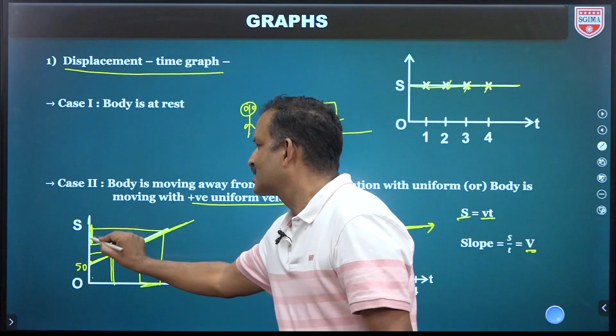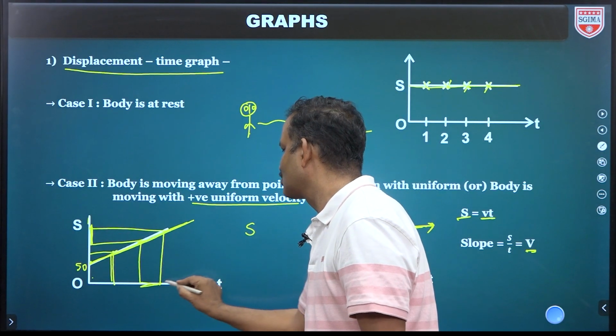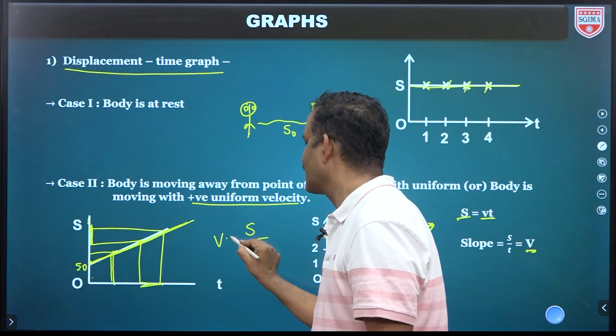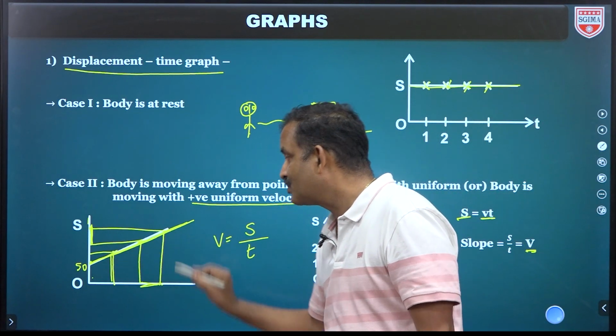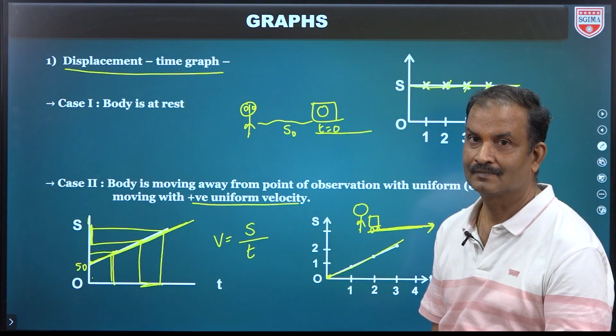So, y2 minus y1 is displacement, x2 minus x1 is T2 minus T1. This is the velocity. That means the slope of the displacement time graph gives the velocity.